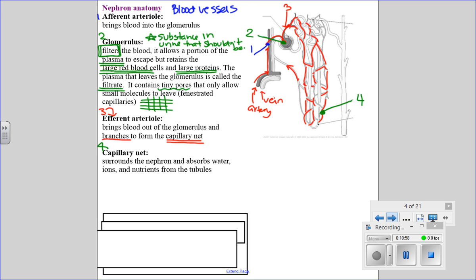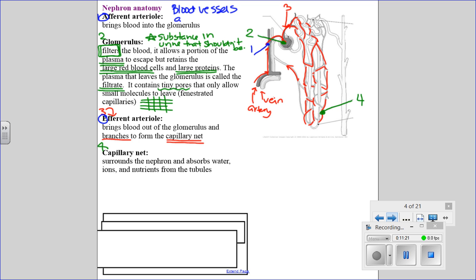Now I'm just going to make one more comment about blood vessels. You'll notice that these two things are almost exactly the same except for the first letter. One of them is called afferent, one of them is called efferent. These are medical terminology words for describing the direction of blood flow.